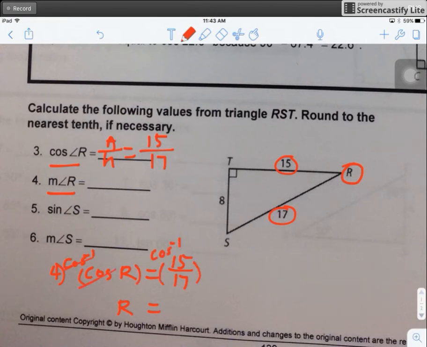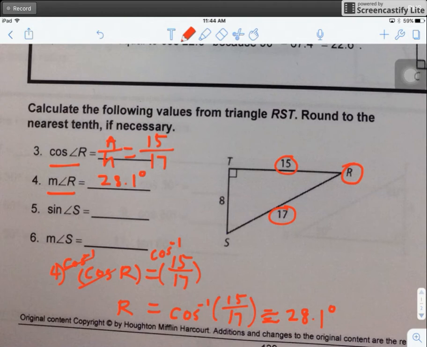The inverse and cosine cancel out, so angle R is equal to the inverse cosine of 15 over 17, which is approximately 28.1 degrees after inputting into the calculator. And so we know this angle is 28.1 degrees.